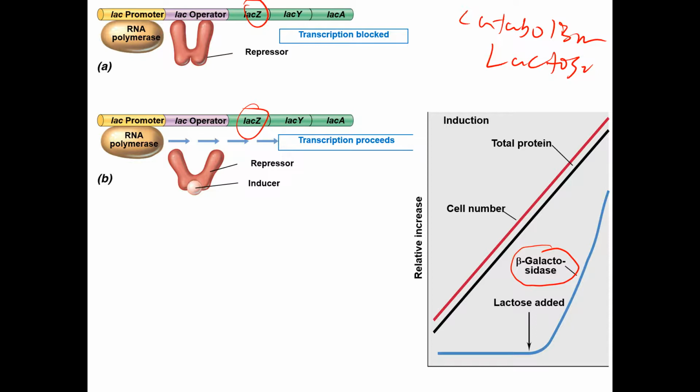In a normal setting, your repressor protein is bound to the operator. The operator is controlling whether or not RNA polymerase can transcribe the genes involved in lactose catabolism. If the repressor is bound, then transcription is blocked, and none of the proteins that break down lactose are produced.